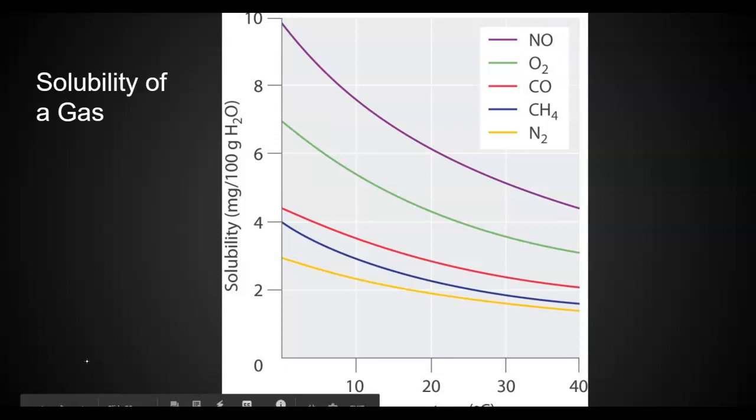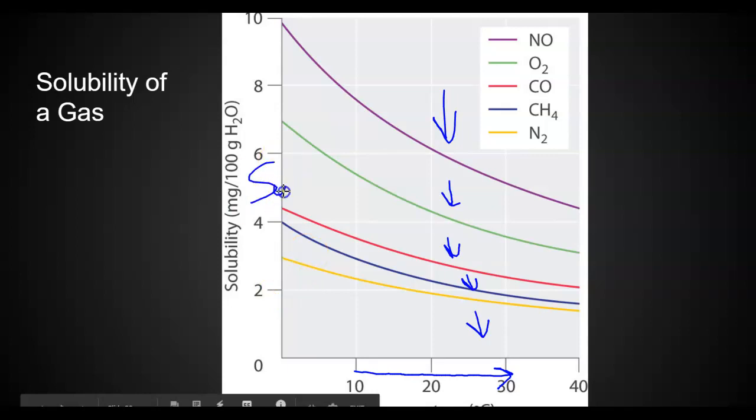here our solubility is actually decreasing. With every single one of these, as the temperature is going up, the solubility is decreasing of these gases. So you've got nitrous oxide, oxygen, carbon monoxide, methane, and nitrogen gas. Every single one of these, you have this descending solubility.